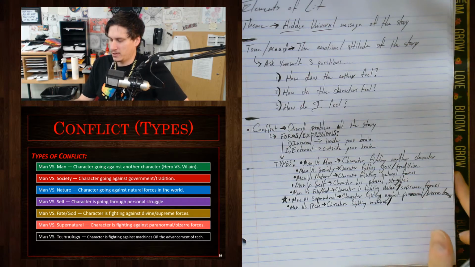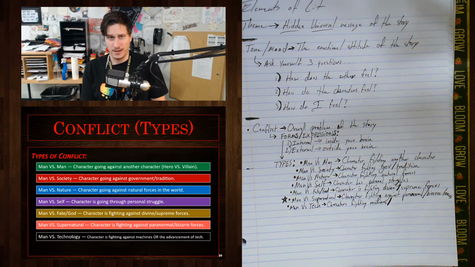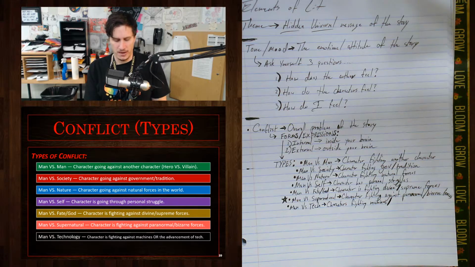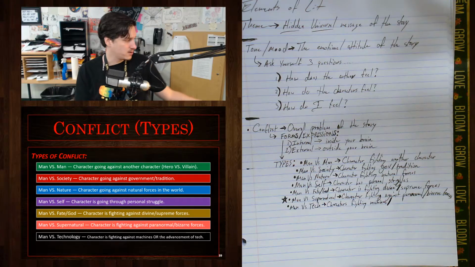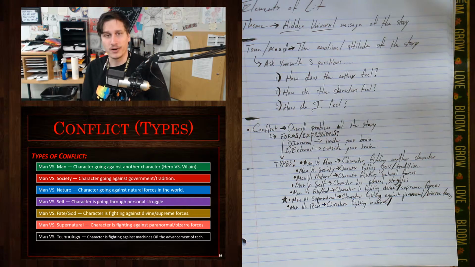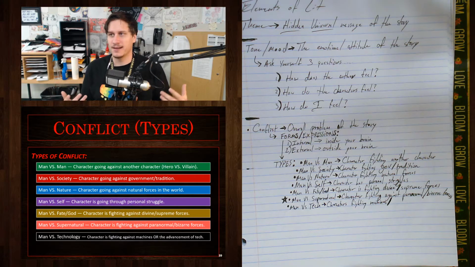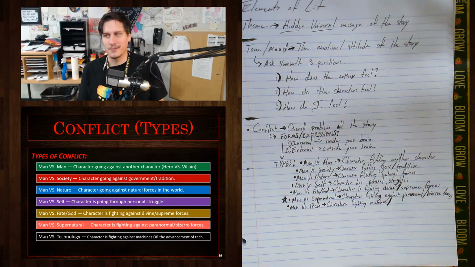The next definition is when you have a character going against the advancement of technology, meaning they don't want technology to get better. If you've ever seen an old person say, oh, I can't figure out this dang app thing, that is basically a character who is against technology getting more advanced.